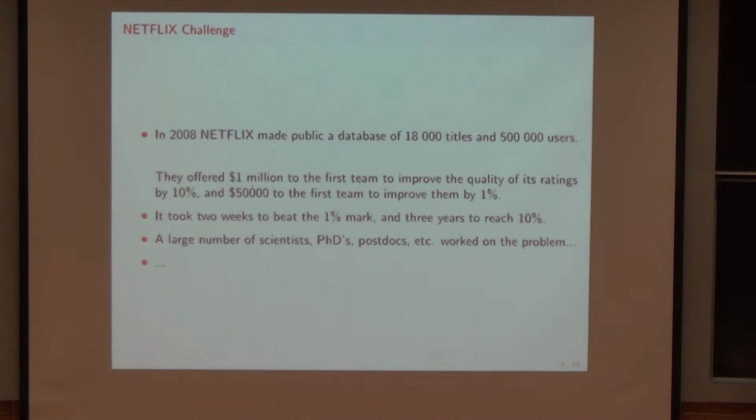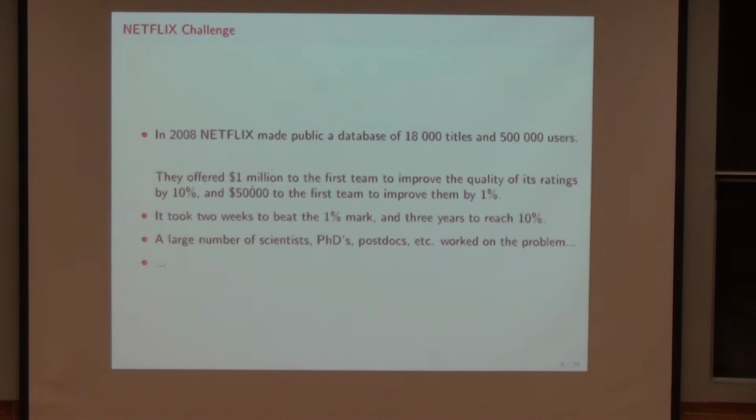The anecdote is that 2 teams arrived at the solution with, I don't know, a few minutes interval, and I believe that the first one got 1 million, the second one got nothing. Or finally, they gave some money to the second team too, whatever.